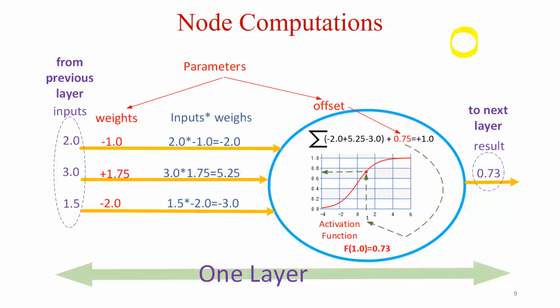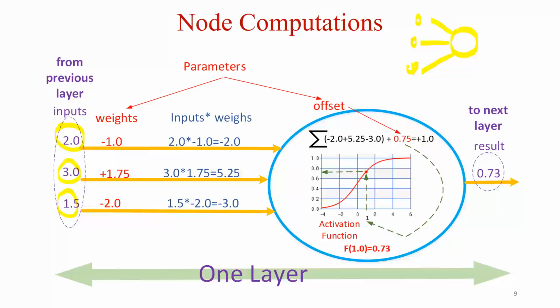Computations are done in the nodes of the neural network. Any node has data coming from either previous layers' nodes or primary input. You can see here this is data coming either from the input or previous layer nodes.